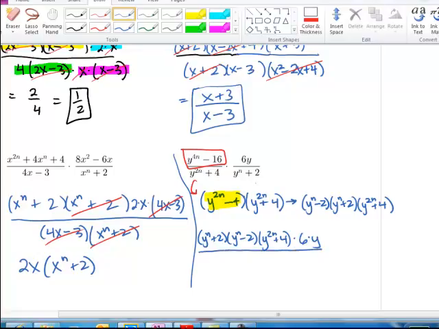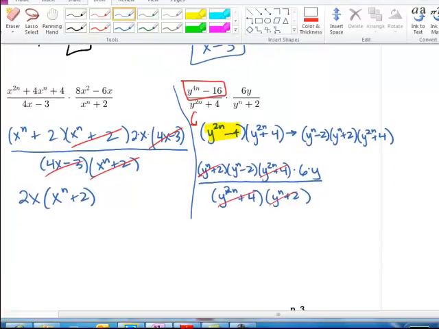And the denominator, we have factors that match factors from the numerator. Y to the 2n plus 4 times y to the n plus 2. So we can reduce. And our final answer should look like y to the 2n plus 4 times 6y. Oops, that's not true. Y to the n minus 2 times 6y.